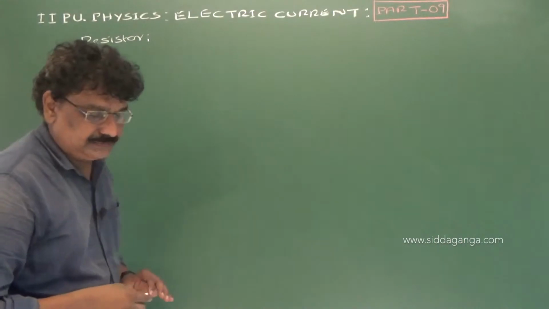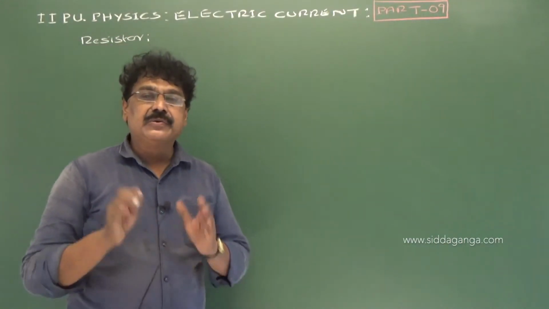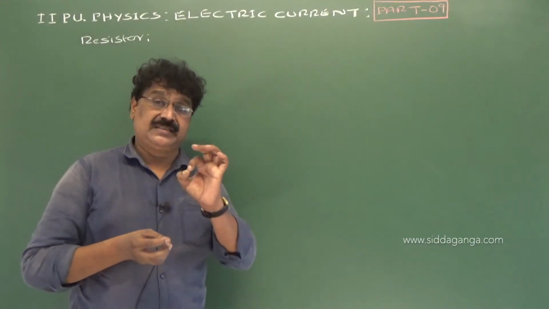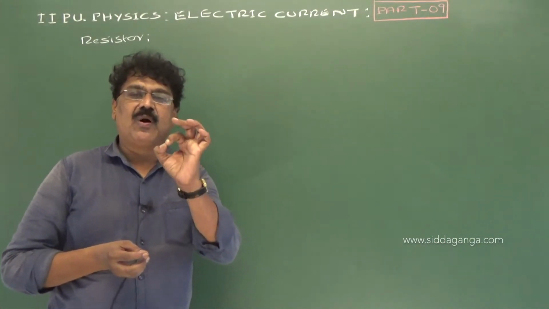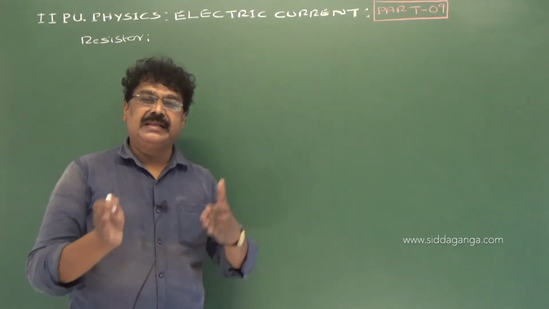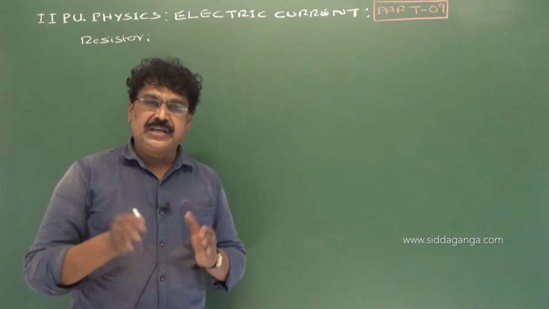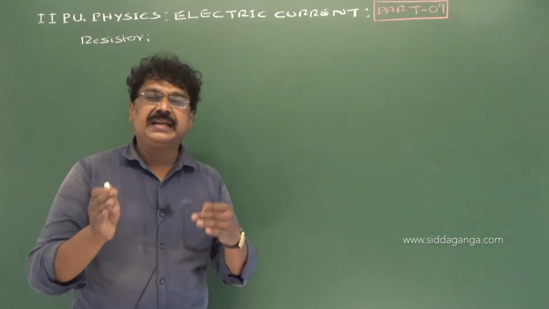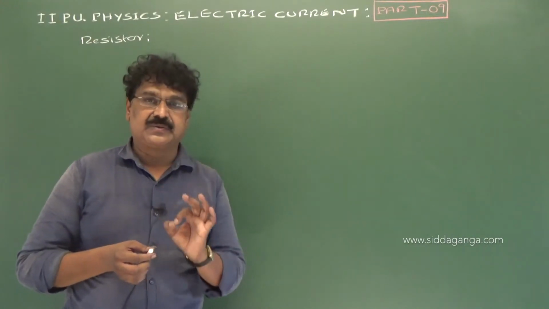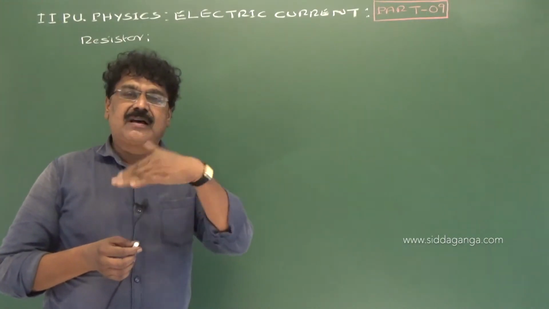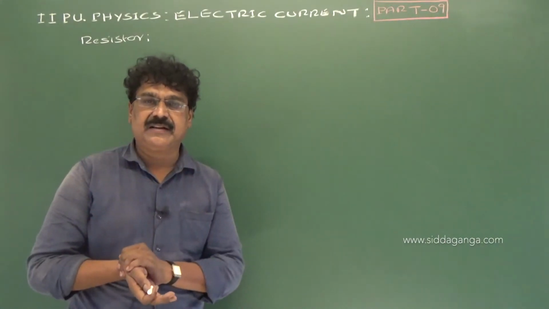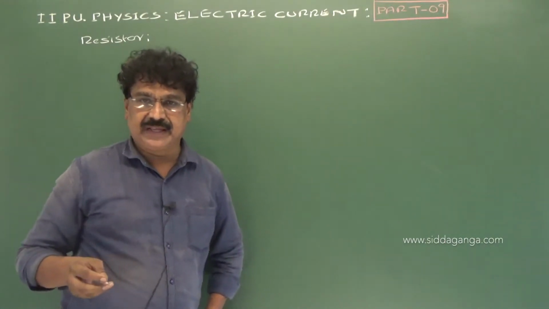A resistor is a device used to offer a designated value of resistance for the flow of electric current in a circuit, or a device used to control current in electrical or electronic circuits. Generally, there are two types of resistors: wire wound resistor and carbon composition resistor.